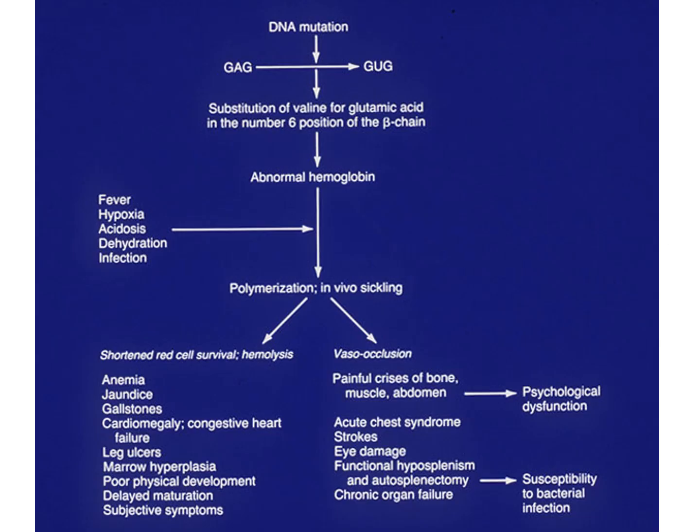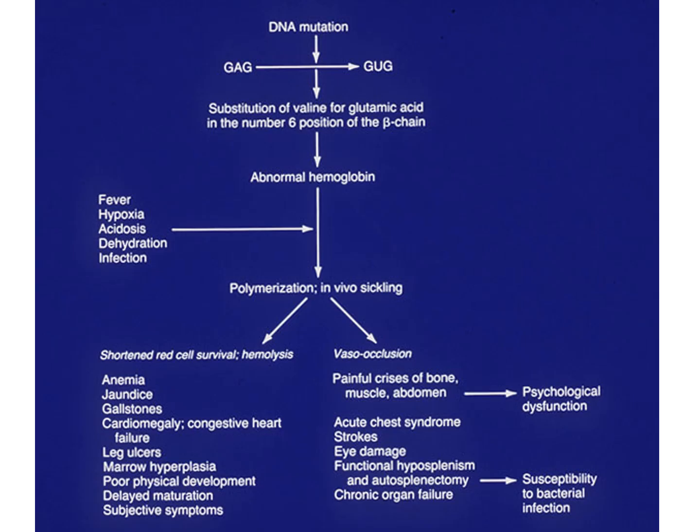So, to recapitulate, there is a single base substitution that leads to a single amino acid substitution, valine for glutamic acid in position 6 of the beta chain, leading to an abnormal hemoglobin, which under conditions of fever, hypoxia, acidosis, dehydration, will go into polymerization and sickling.